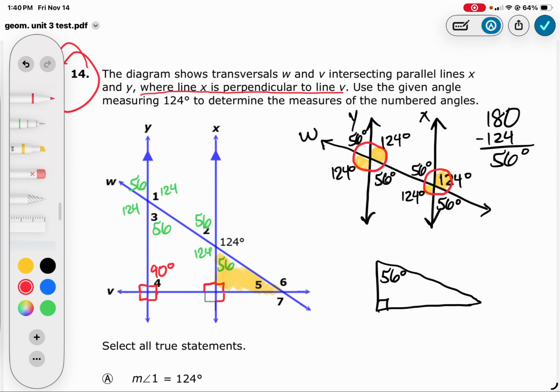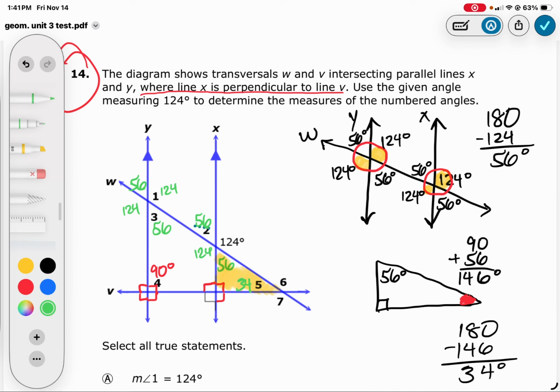So if I want to find this missing angle, I'm going to add 90 and 56, and then subtract that from 180. So that's 146 degrees. Then 180 minus 146 is 34 degrees. So I know that angle 5 is 34 degrees.